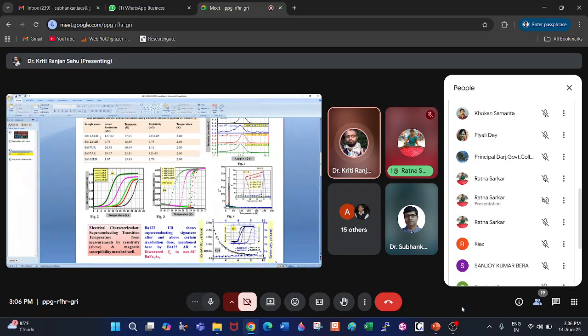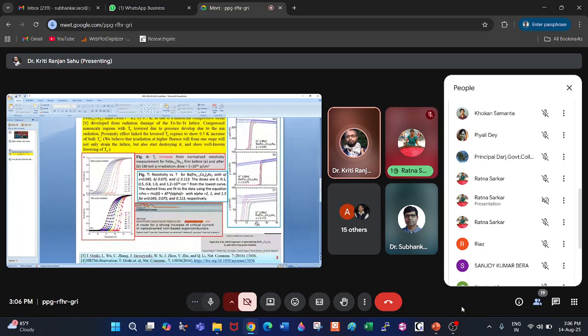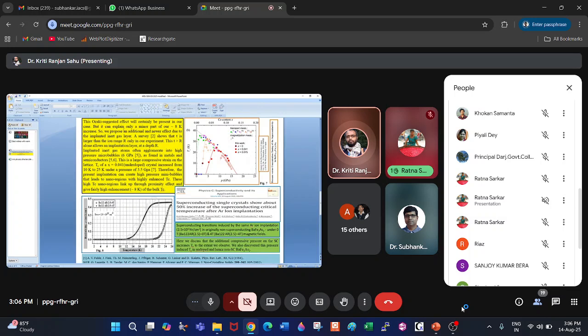This type of experiment, this type of observation, this type of invention was the first, and was also published in 2015 in Physica C, published by our group.